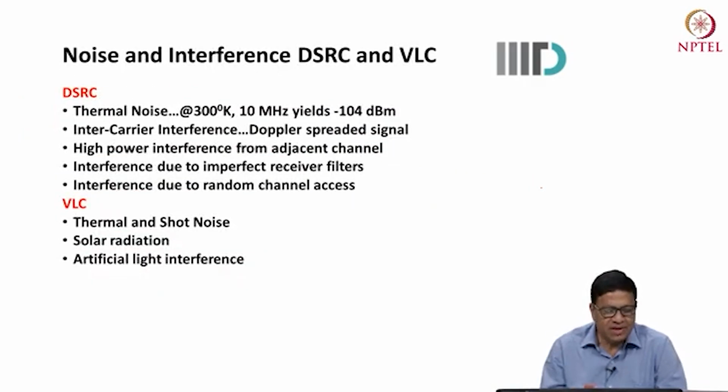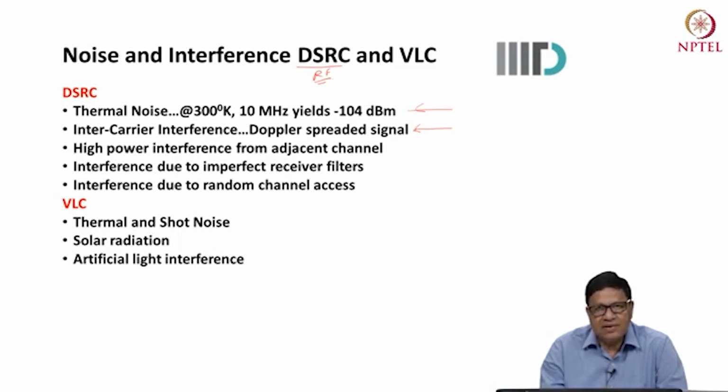The noise and interference in DSRC, which is dedicated short range communication, which is RF based, and VLC is listed here. You have thermal noise of the order of minus 104 dBm at 300 degrees Kelvin, and the bandwidth is 10 megahertz. Then there is noise which comes from inter-carrier interference.